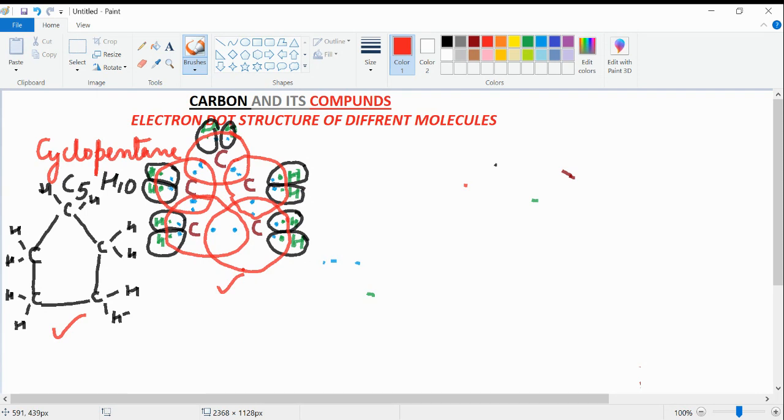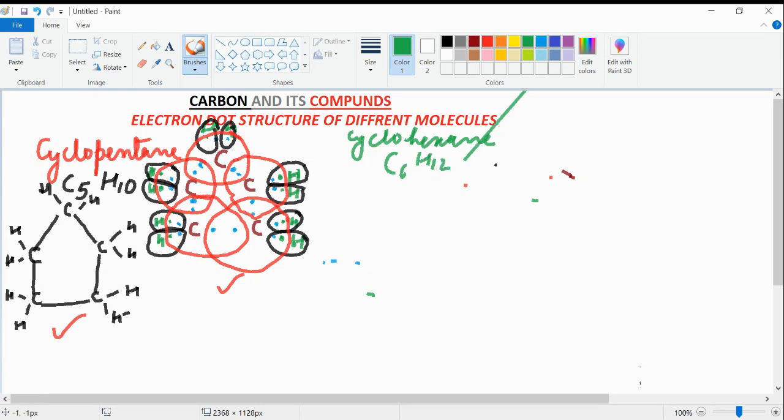Next one we are taking is cyclohexane. Cyclohexane, and its molecular formula is C6H12.